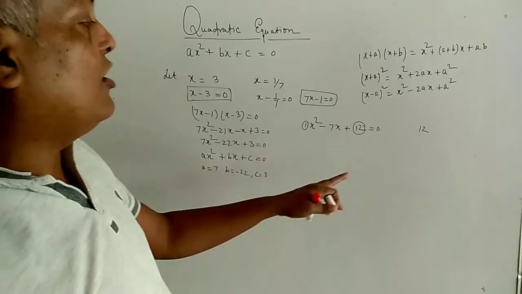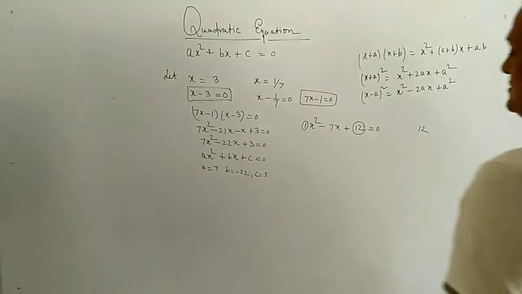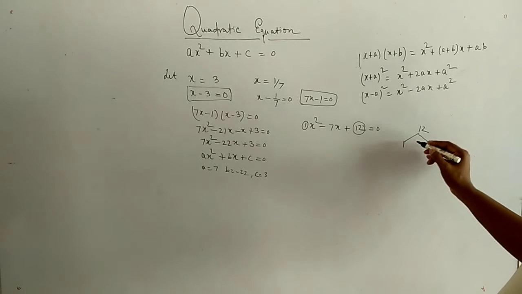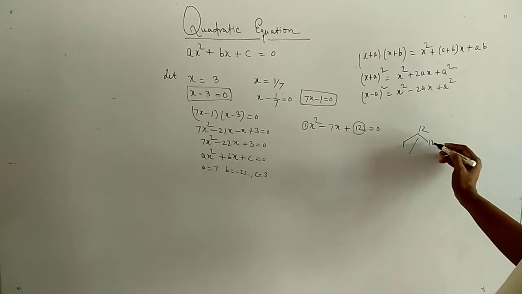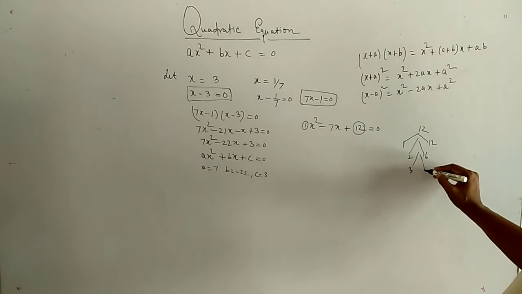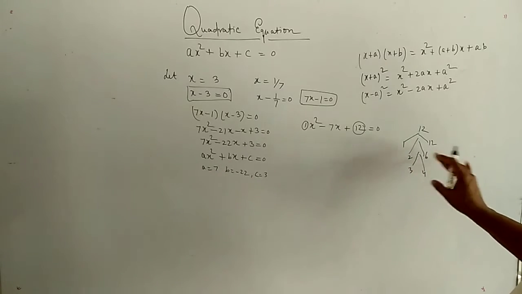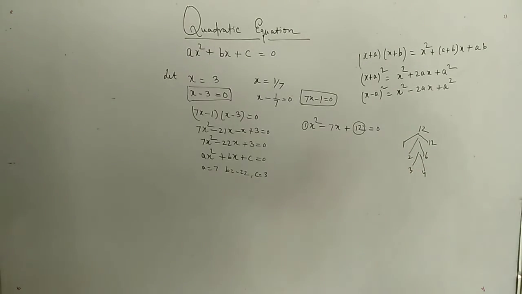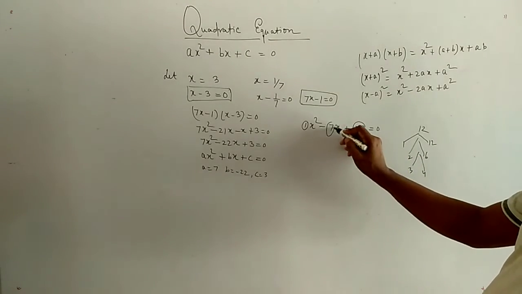Then you have to resolve this 12 into factors, the possible combinations of two sets of factors: 1 and 12, 2 and 6, 3 and 4, so that their sum or difference, 12 plus 1, 6 minus 2, 3 plus 4, becomes the coefficient of the middle term.